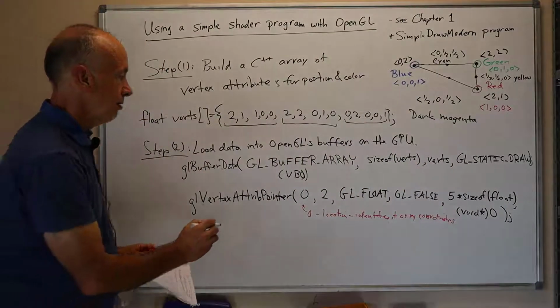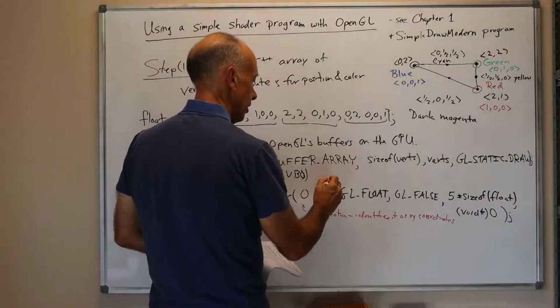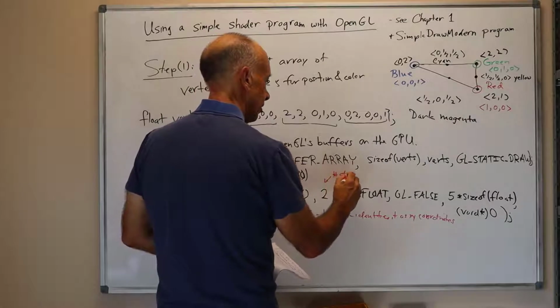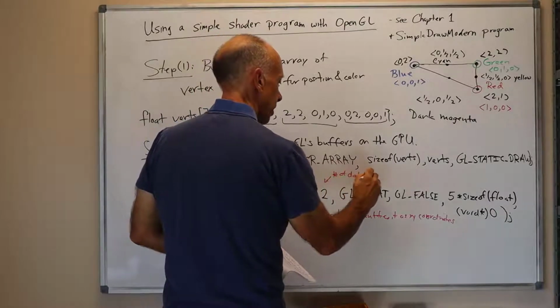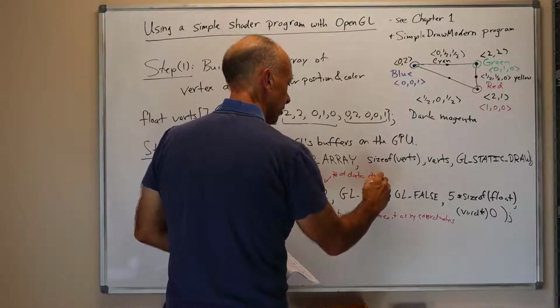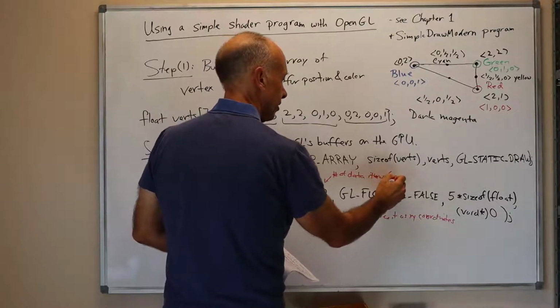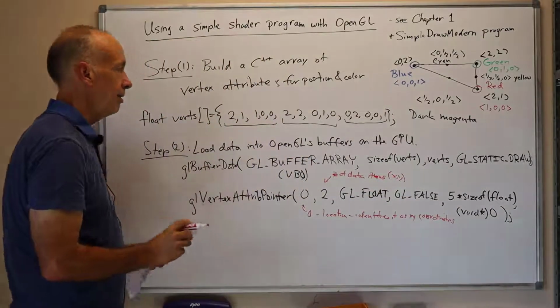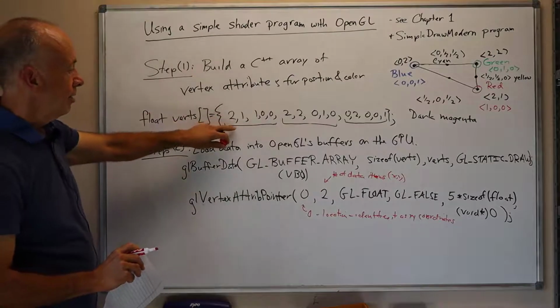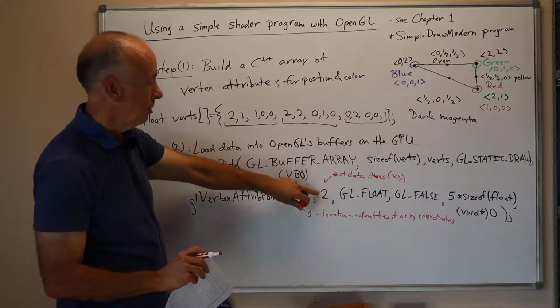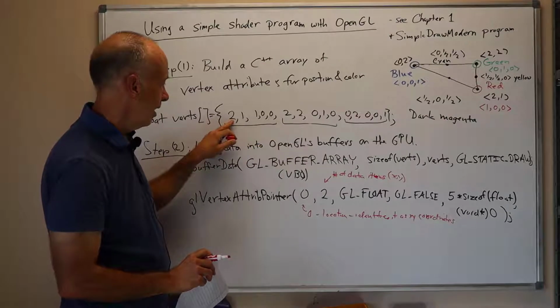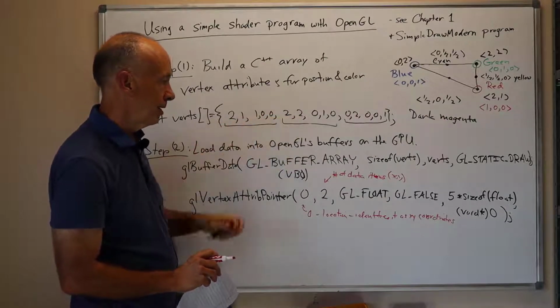So 2 is the number of data items that are part of this location. And 2, in this particular case, is X and Y. So we've got XY for position. So we've got two data items, an X position and a Y position.